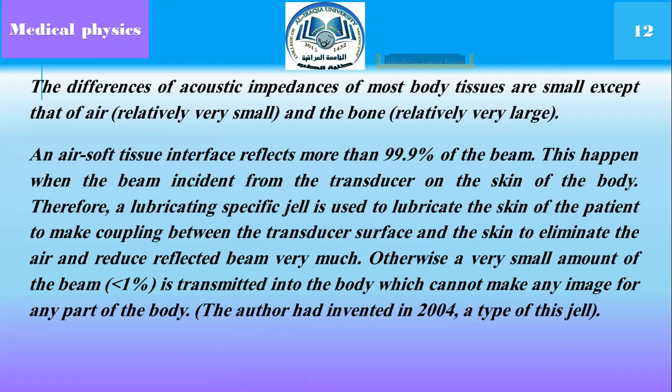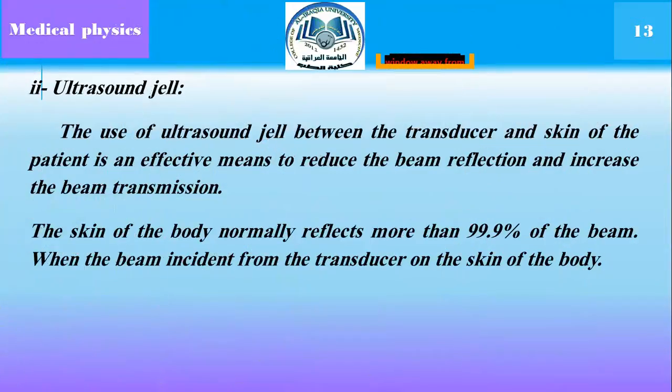Otherwise, a very small amount of the beam, around 1%, is transmitted into the body, which cannot make any image for any part of the body. That's why we need to use gel to get a good image.